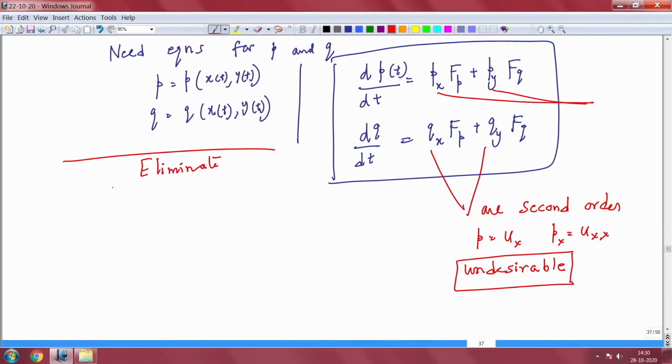You differentiate the equation f(x, y, z, p, q) with respect to x and y.